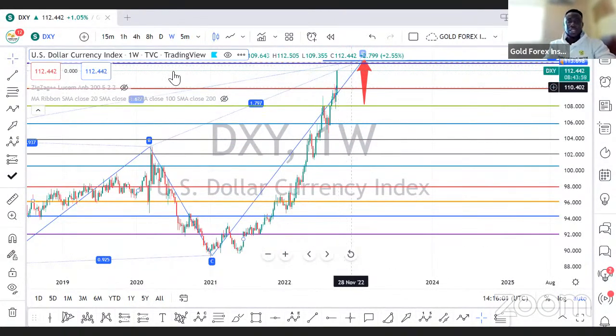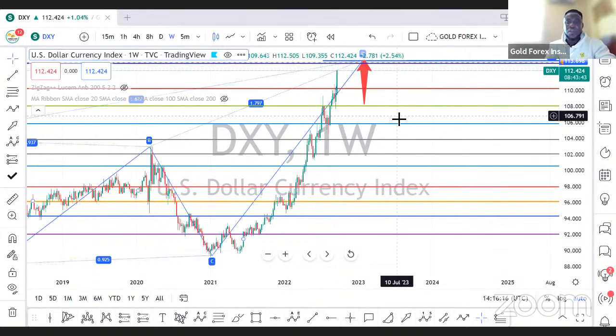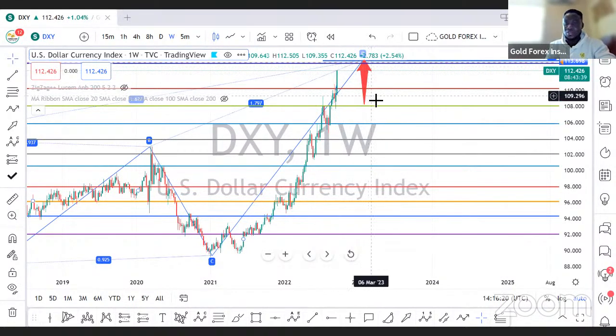If it doesn't close the week with this, Monday we might have some pullback, and Tuesday we might close the DXY at 161.8. Okay, so anticipate that maybe Monday we can finish this thing off and look for another opportunity. We'll be looking for a sell of the dollar around this point. Okay, so just anticipate this.